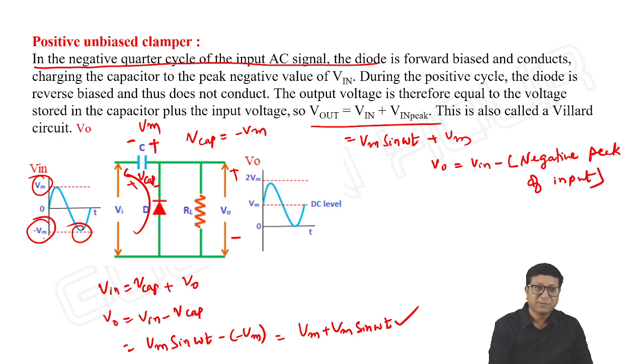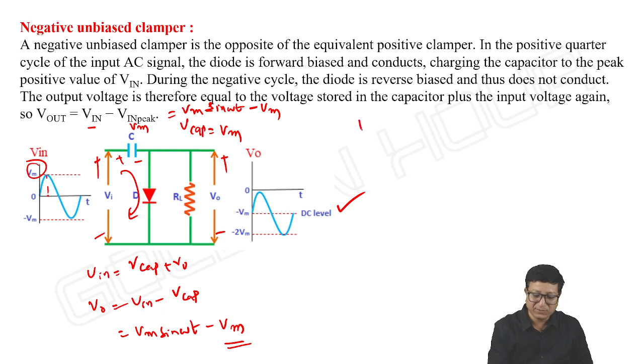What is the negative peak? Minus Vm. Whatever it may be, input minus negative peak of the input. That is the apt way to write it, strictly speaking. The books and all, they may write like this, but the best way to write is this. And here, in this case, V output is equal to V input minus positive peak.